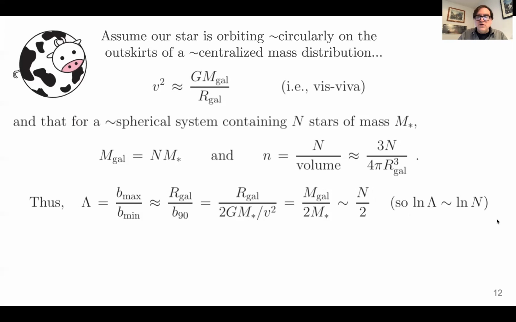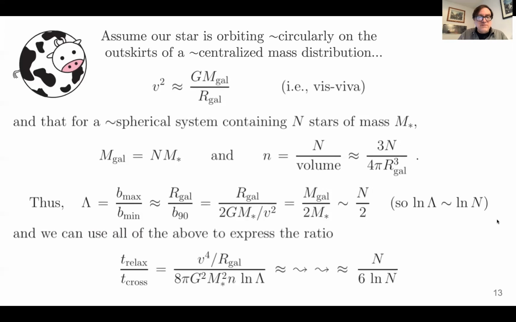Yes, so, okay, we've got that piece, and we can take all these other pieces and put them into the velocities and sizes and masses and number densities, and we can write the ratio of the relaxation time to the crossing time, a dimensionless ratio, and it boils down to just a simple function of the number of stars, n.